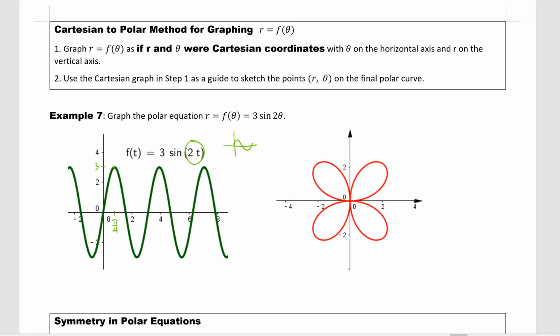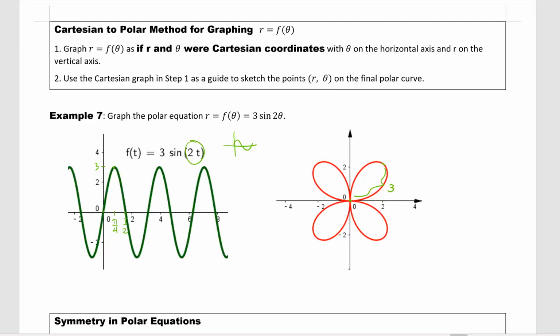By the way, at t equals 0, you get 0. In this direction, you get 0, and for this direction, you get 3. So you go forward a factor of 3. So this is 3. And then here, this is pi over 2, you get 0. So this direction, you get 0.